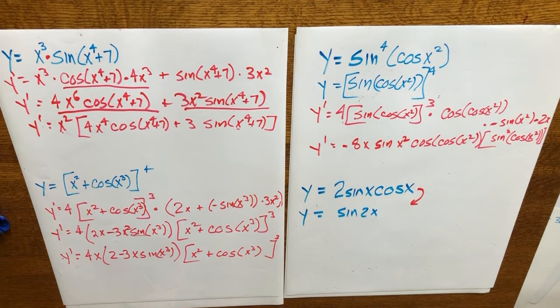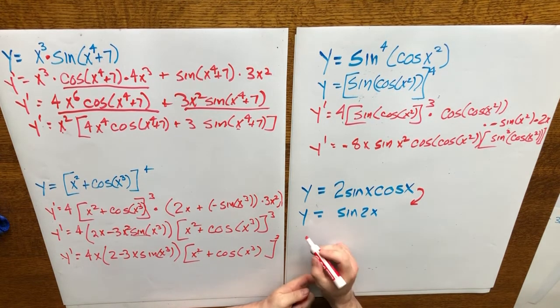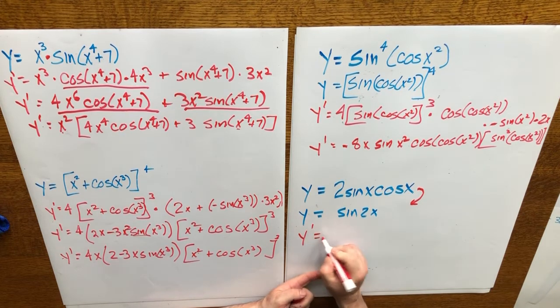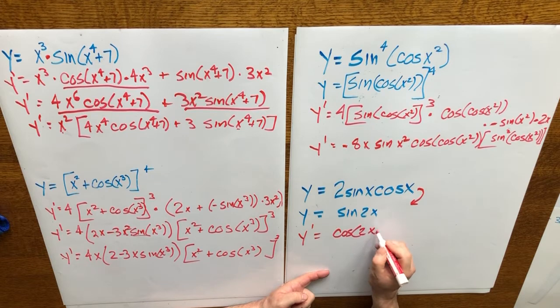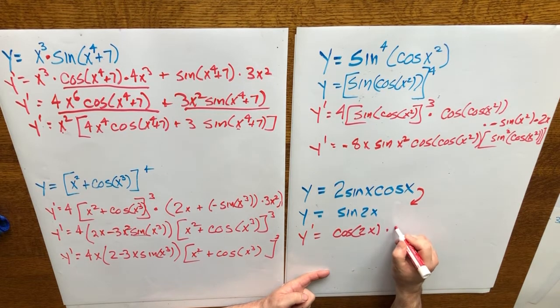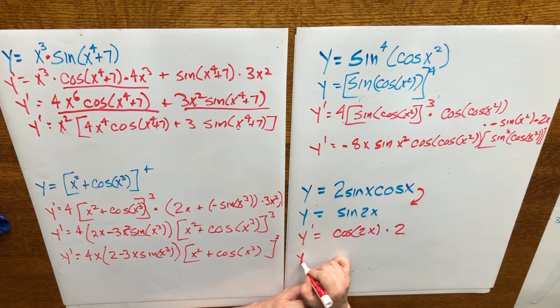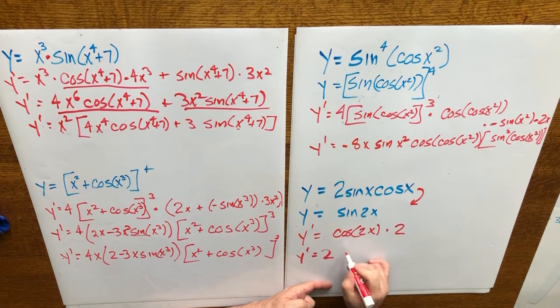So now I've eliminated using the product rule. I used an identity. Y prime equals, what's the derivative of sine? Cosine 2x times the derivative of the argument, which is 2. So y prime equals 2 cos 2x.